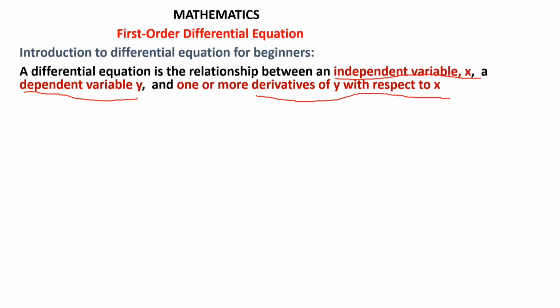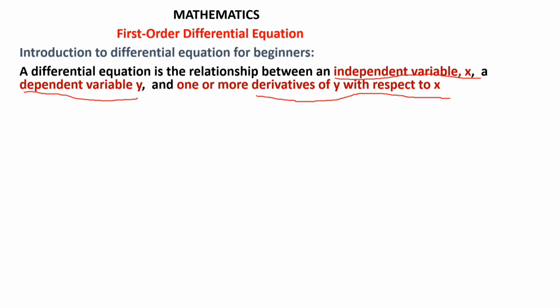So what is the derivative of y with respect to x? The derivative of y with respect to x simply means dy/dx, whether it is the first derivative, second derivative, third, fourth, or fifth derivative, but it must be a derivative of y with respect to x.